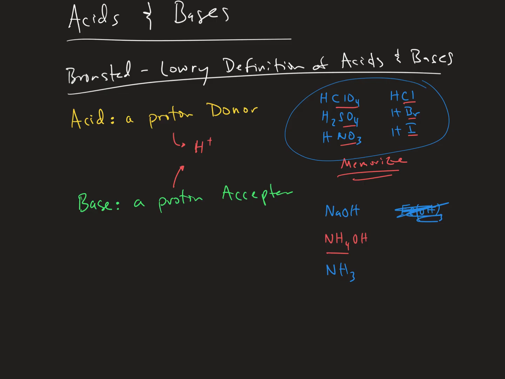Because, hold on, can this thing attract a hydrogen ion to make ammonium? That's why it's a base. It doesn't look like it because what should attract a proton or a hydrogen ion?